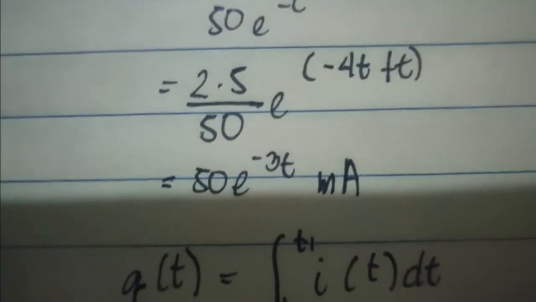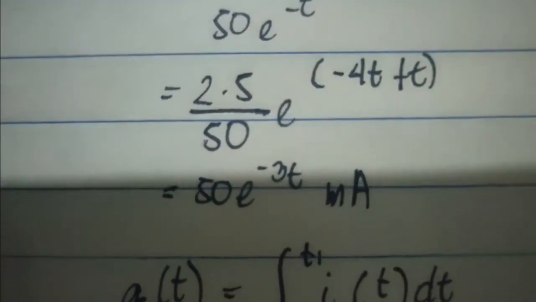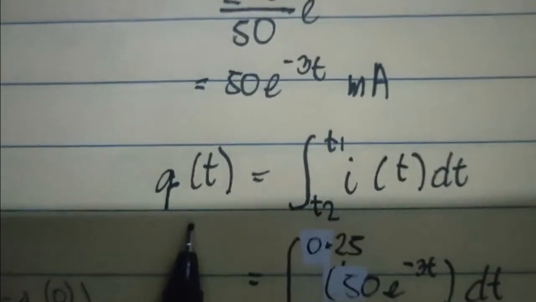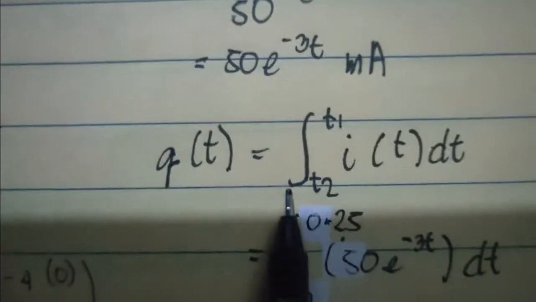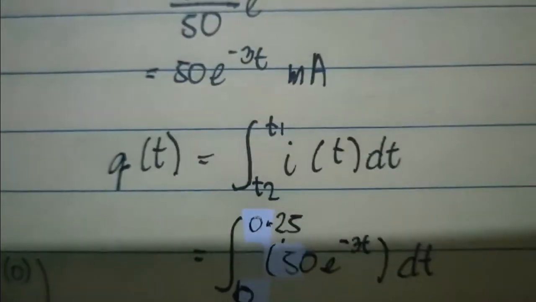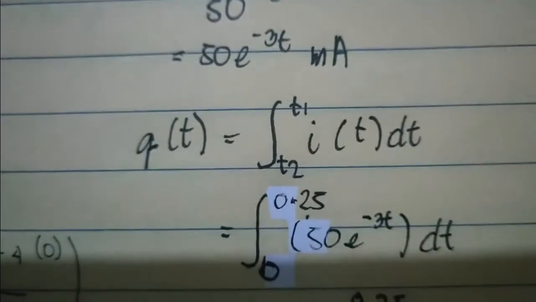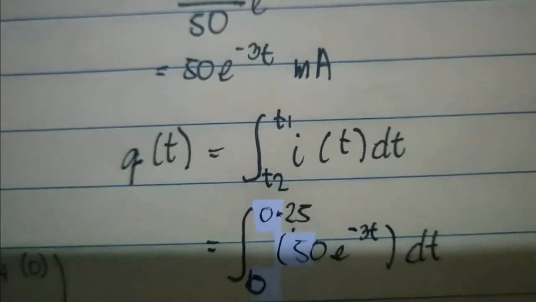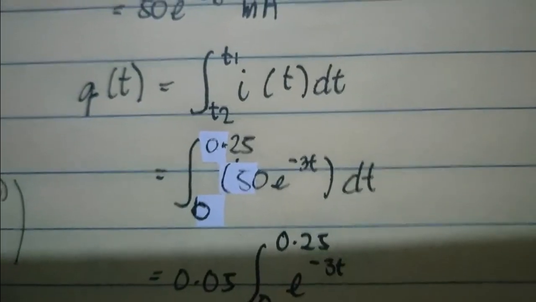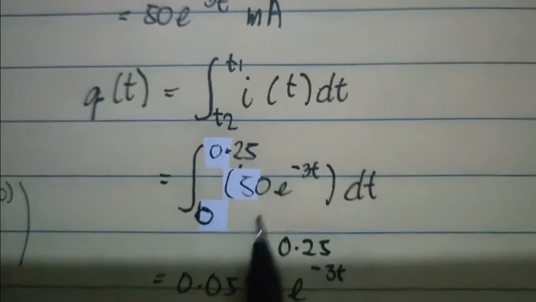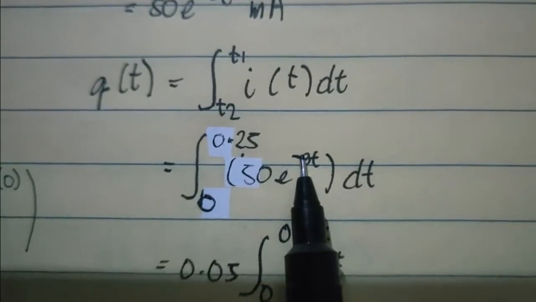So 50 e raised to negative 3t amperes. So charge is equal to integral of i(t). We will still apply the definite integral. So t1, t2, i(t) dt. So 0.25 to 0, 50 e raised to negative 3t dt.